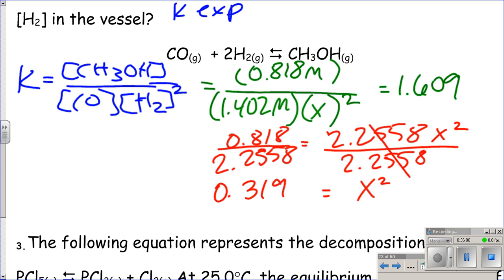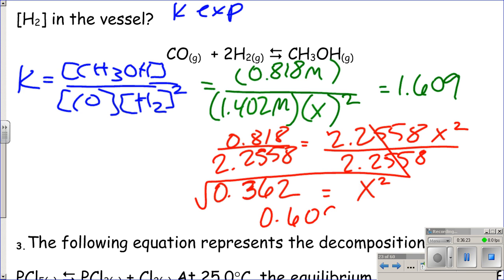What did you get? 0.362? Okay. I remember it being 0.36. Okay. Now we have the x squared, so we need to square root that. So it's like 0.602 molar is equal to x.